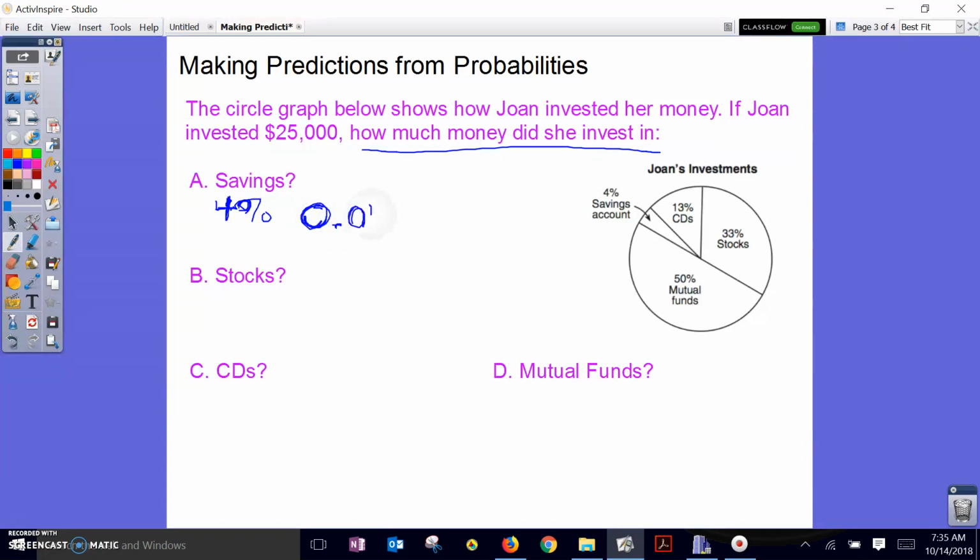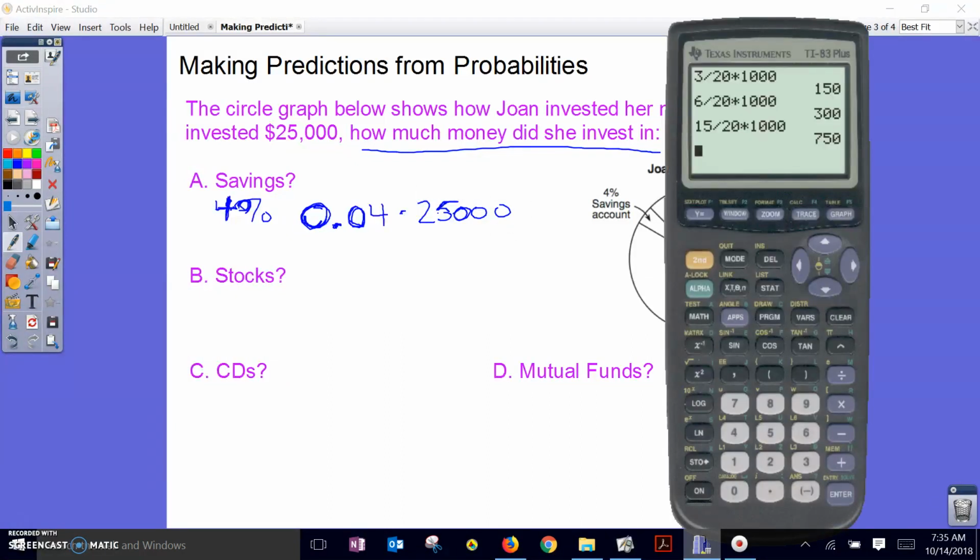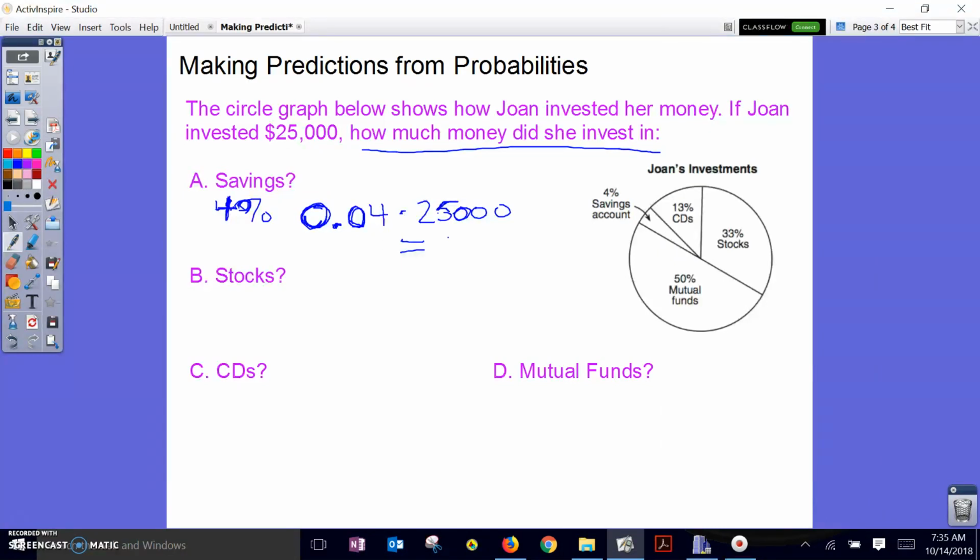And the probability that she put $1 in savings was 0.04, which we're then going to multiply by the population, which for Joan here, she's got $25,000 to invest. And so we're going to take 0.04 times 25,000. And so we're going to say she has $1,000 in savings.